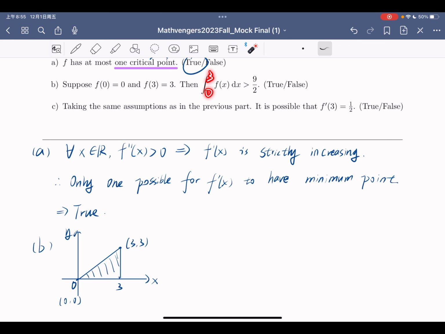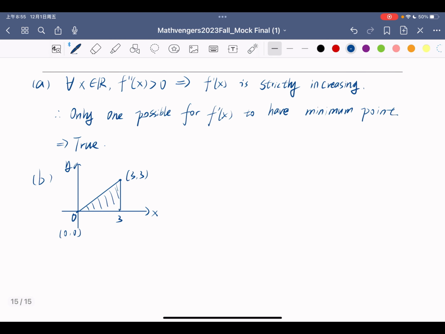between 0 and 3. We have another condition: for all x belonging to R, the second derivative is always positive. This means y equals f(x) is a concave upwards function.